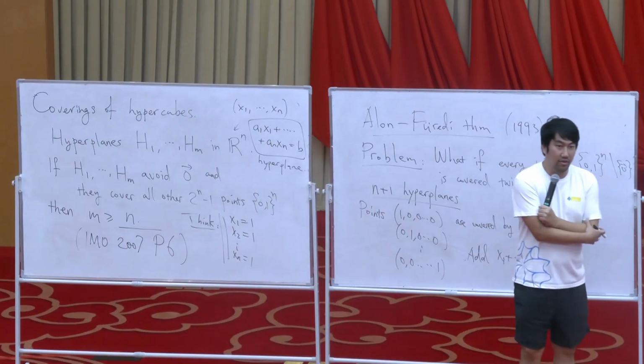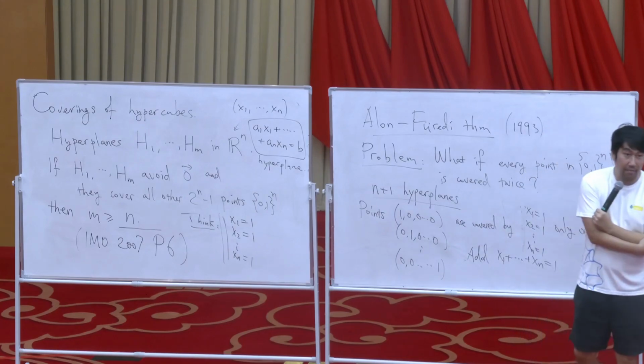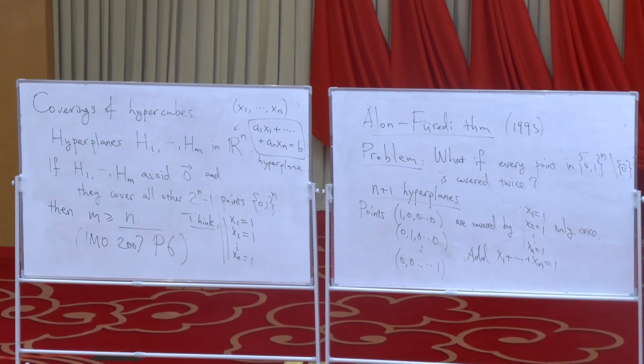Is it possible to still use n hyperplanes to cover every point except the origin twice in the hypercube?